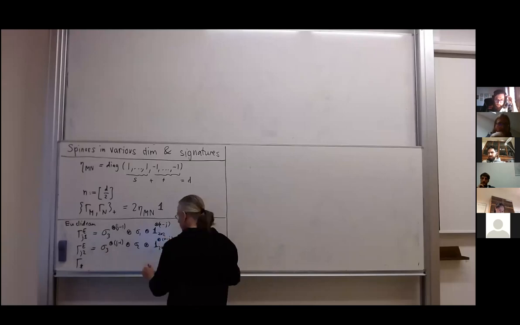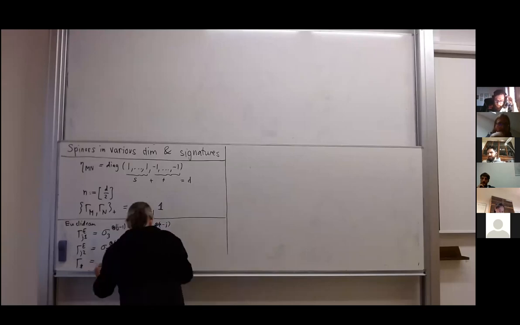And then in odd dimension we had sigma 3 just tensored n times.